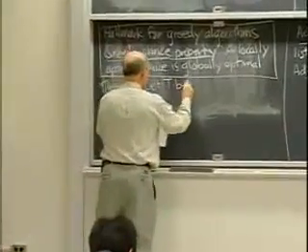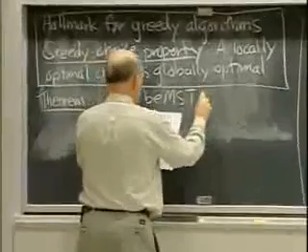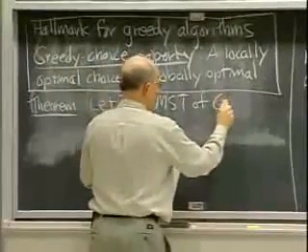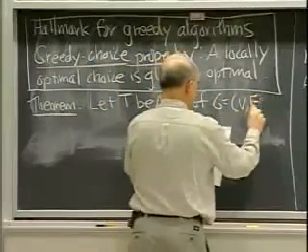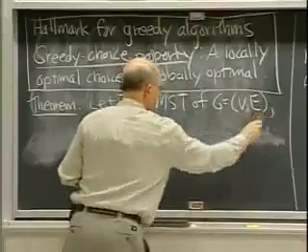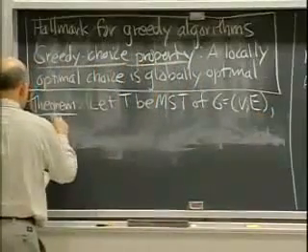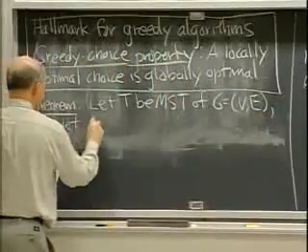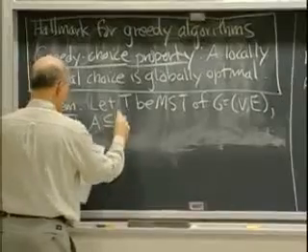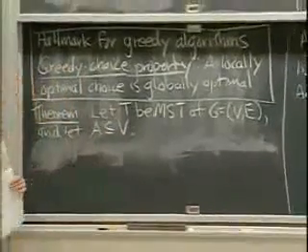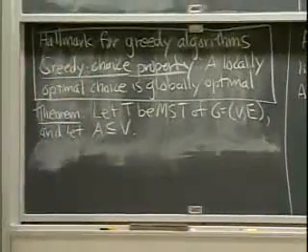So let's let T be the MST of our graph. And let's let A be any subset of V. So some subset of vertices.